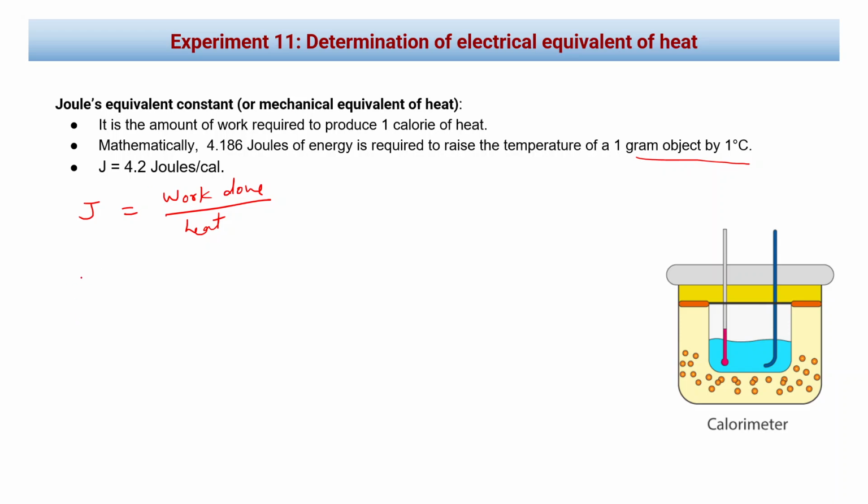Specifically in the experiment that was demonstrated, we had used electrical work by supplying electric current. We had used electrical work to generate heat, and then we tried to calculate the value of Joule's equivalent constant. So let's understand what a calorimeter is, because we'll be using a calorimeter to perform this experiment.